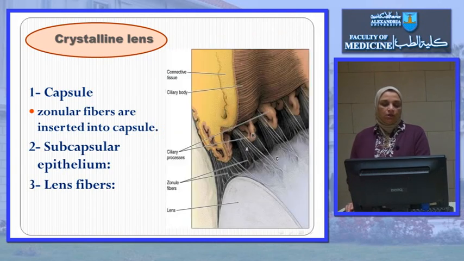By tension on the lens through these zonular fibers, this will change the curvature of the lens and help accommodation for near and far vision.